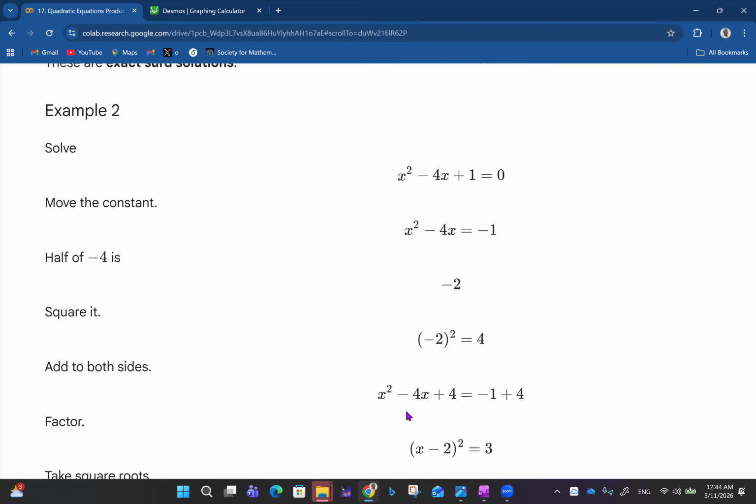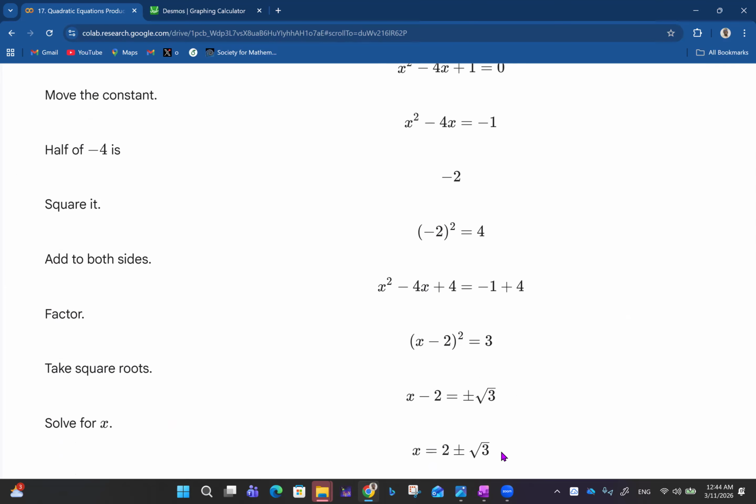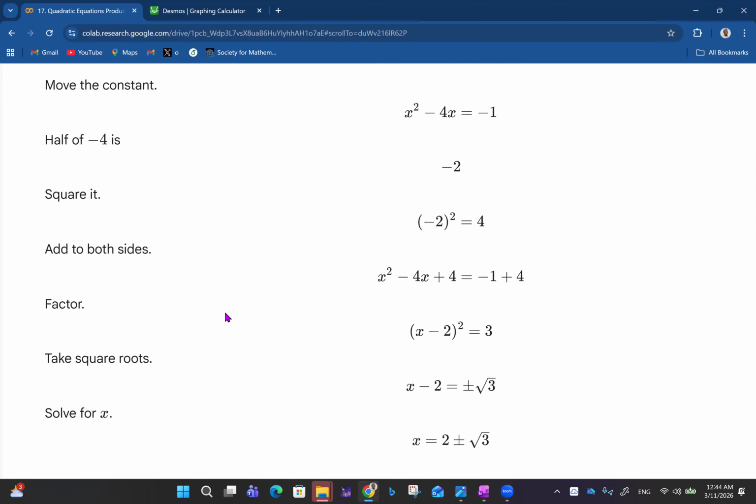That means you have x squared minus 4x plus 4 equals minus 1 plus 4. This x squared minus 4x plus 4 is the same thing as x minus 2 squared, so x minus 2 squared equals 3. You can then take the square root of both sides. So you have x minus 2 equals plus or minus root 3, so x is 2 plus or minus the square root of 3.